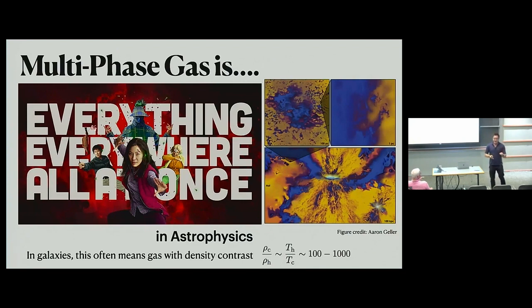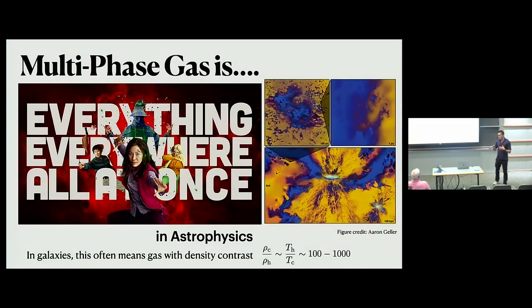It stems from the way that atomic radiative cooling works in diffuse plasmas. The canonical system I'll talk about has a hot phase with a temperature of about 1,000,000 Kelvin, and a cooler phase with a temperature of about 10,000 Kelvin. So there are overdensities of about 100, sometimes 1,000 if the hotter phase is a bit hotter.